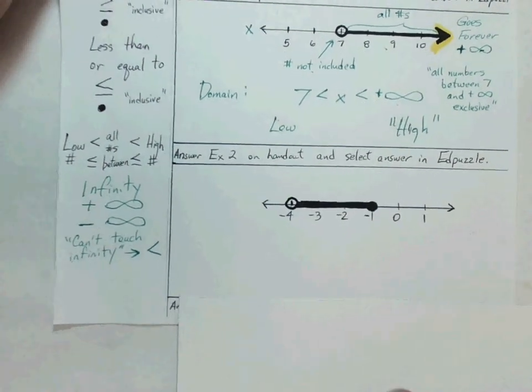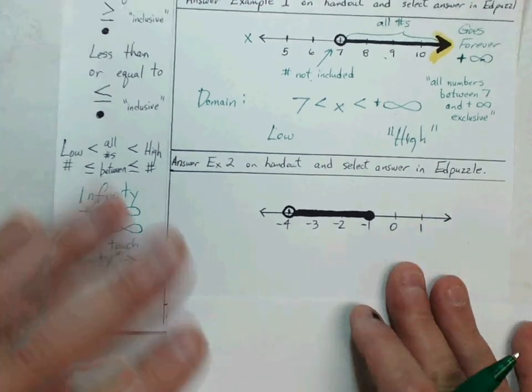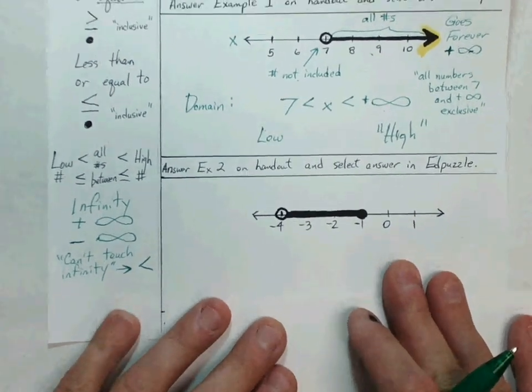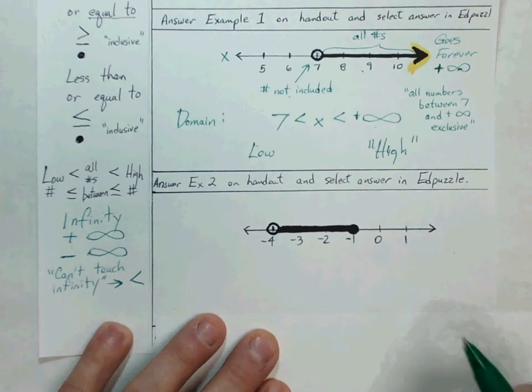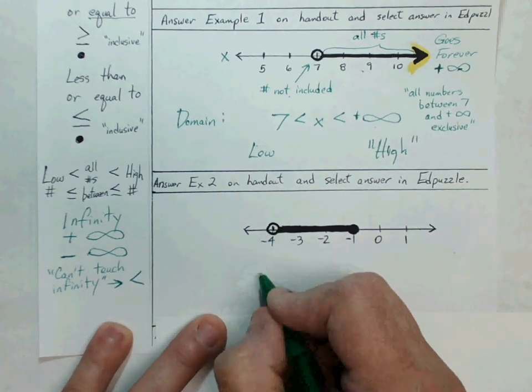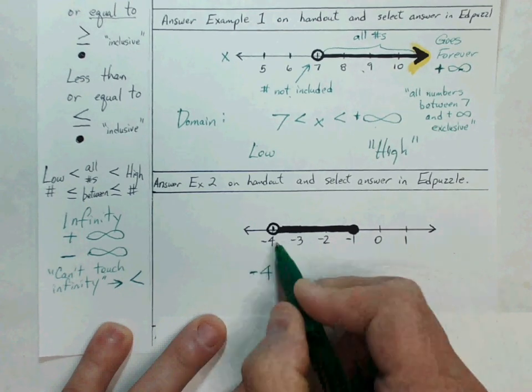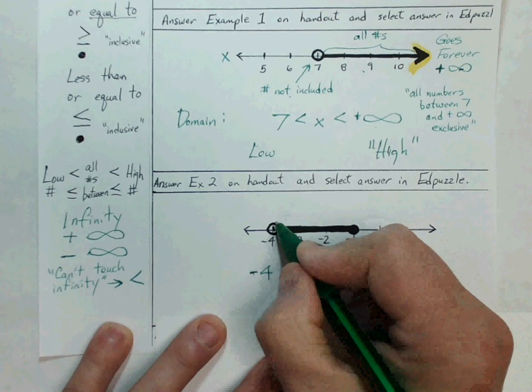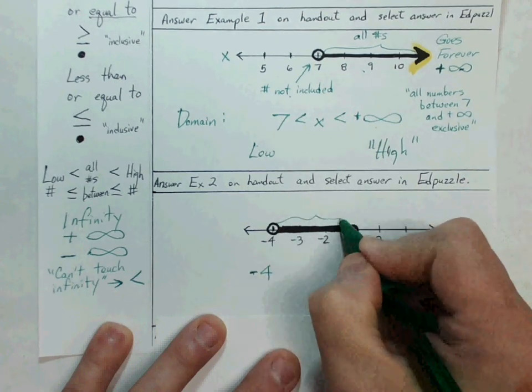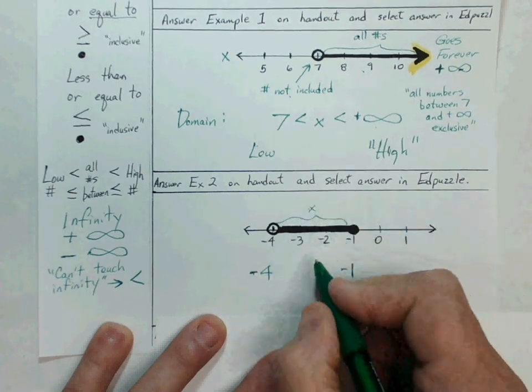All right, we've got another example right here. And let's see how fast we can go through this using what we've learned so far. We've got a low number of -4. We've got a high number of -1. And all of our other solutions are between that. They're in between that.